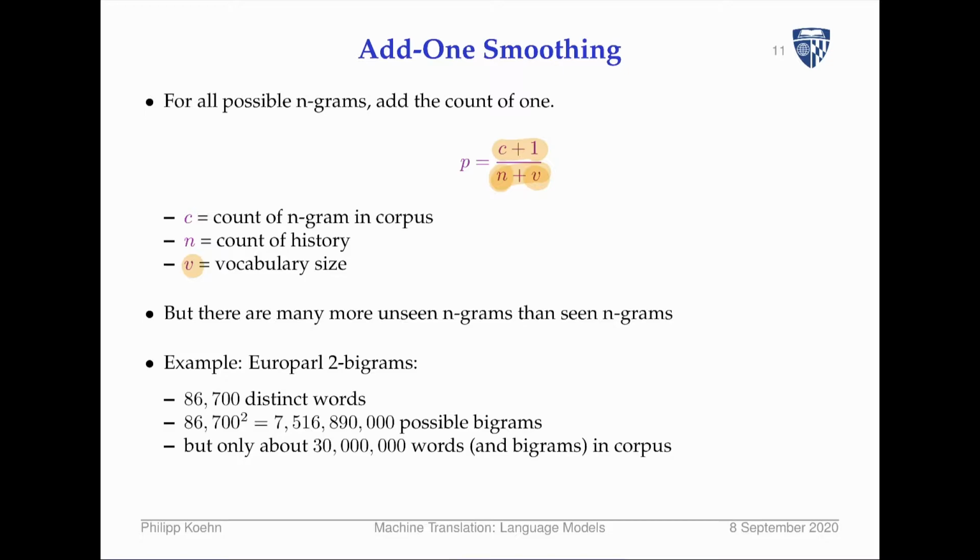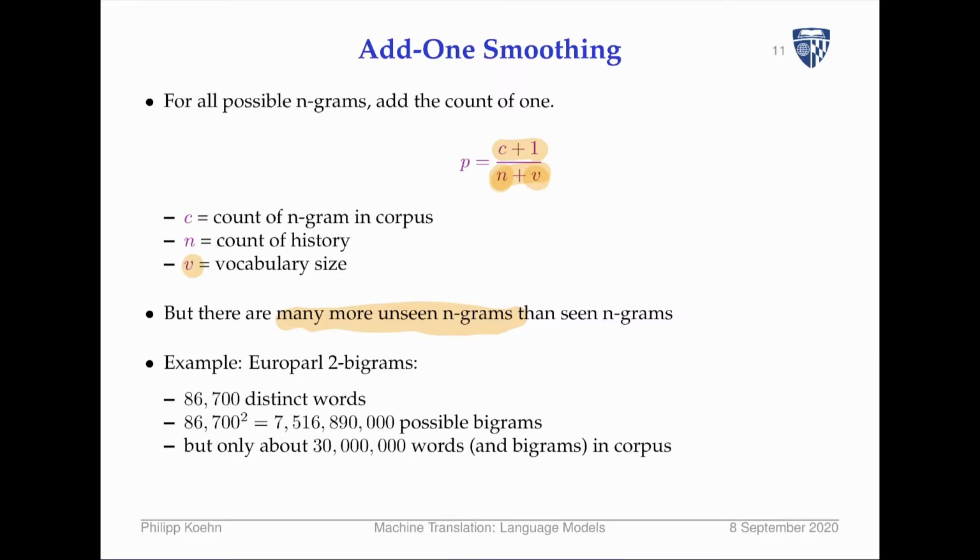So here's a problem. In any kind of practical model, even for the bigram models we're going to talk about first, there are many more unseen n-grams than seen n-grams. So if you look at the square of the vocabulary, if you look at all possible word pairs, the vast majority of the word pairs are actually not possible or never occur in text.